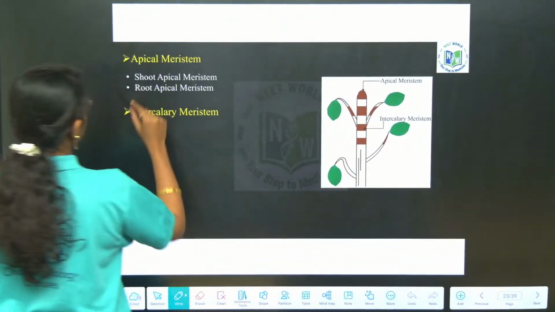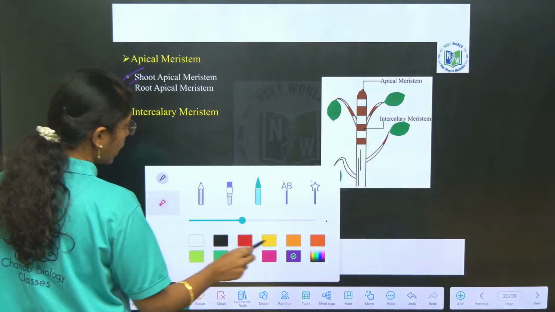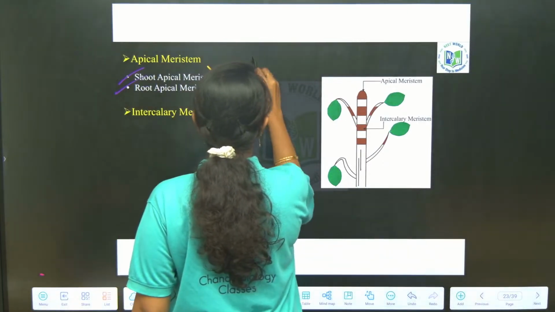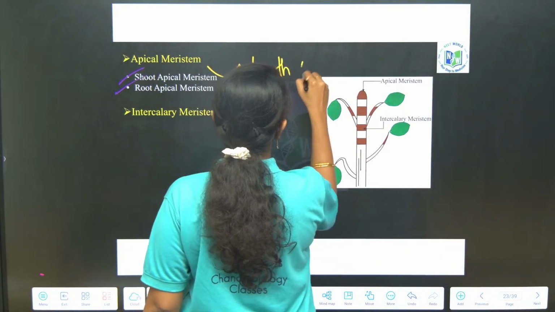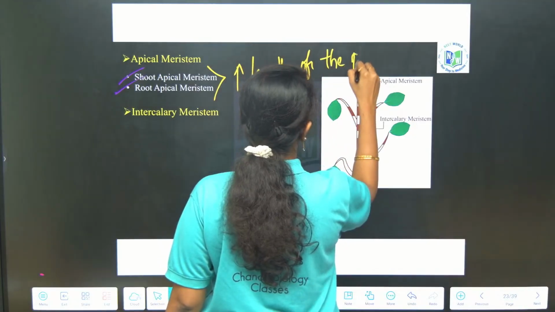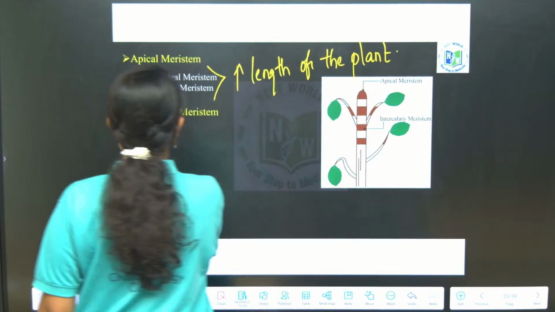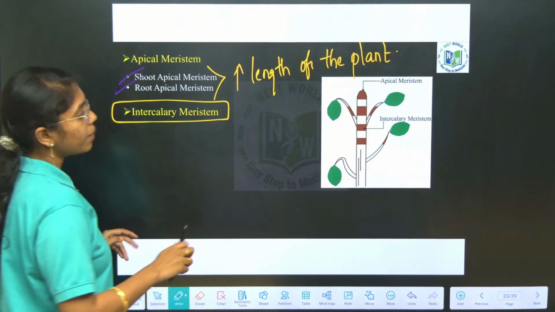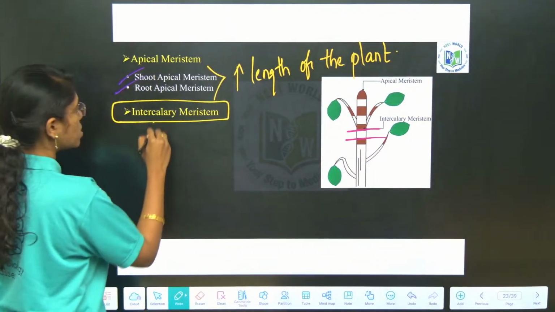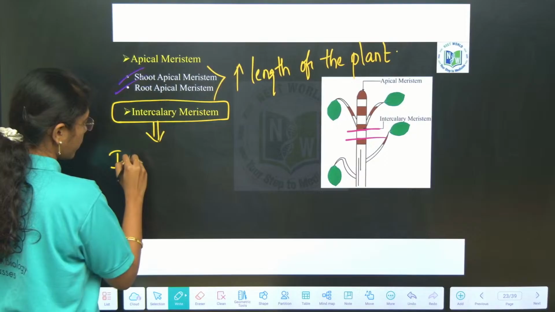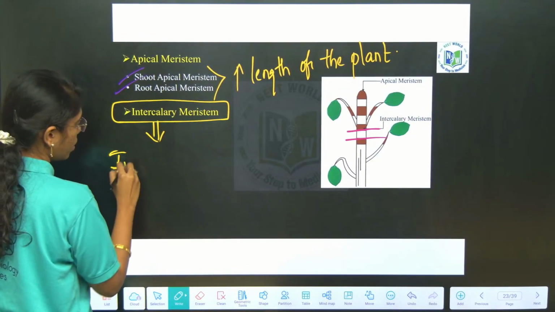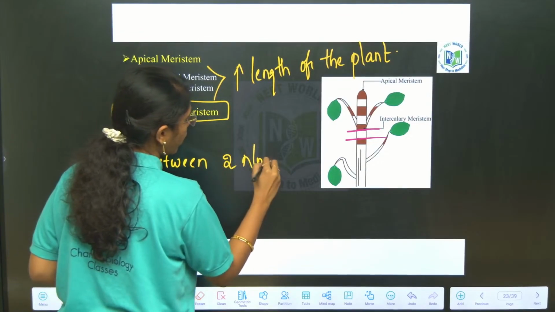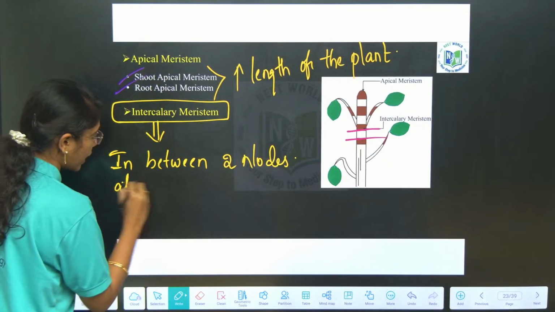Next, apical meristem. You have root and shoot apical meristem, you know that. They mainly increase the length of the plant. Next, intercalary meristem. Intercalary meristem is present in between two nodes, at the internodal region.